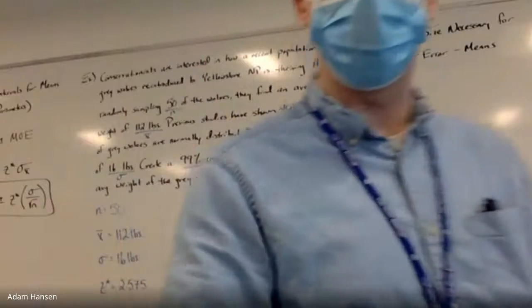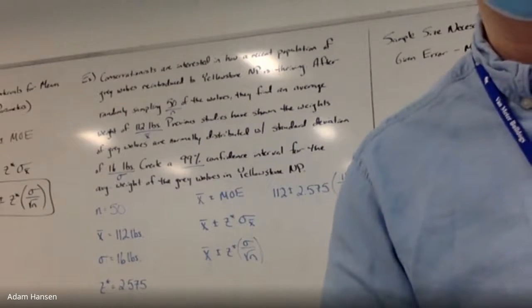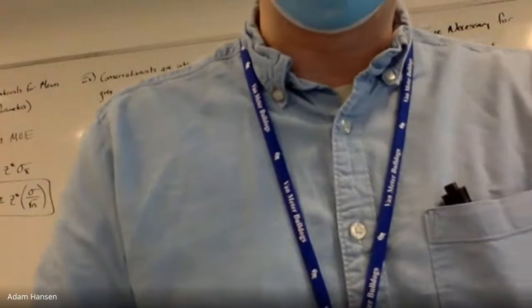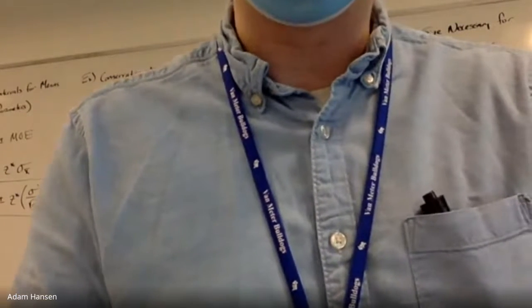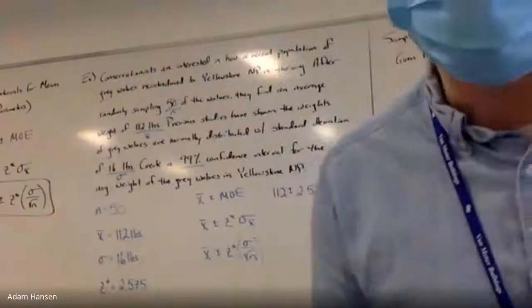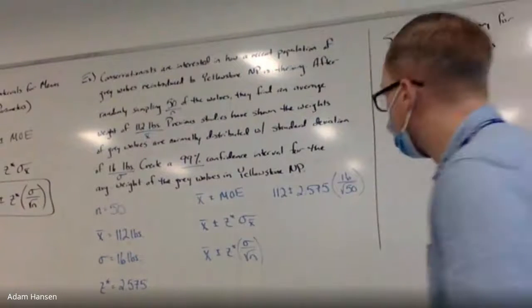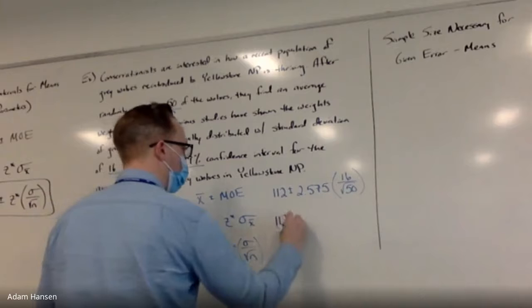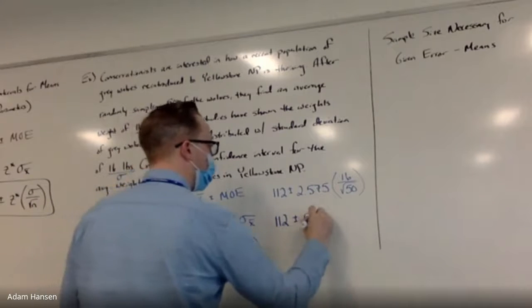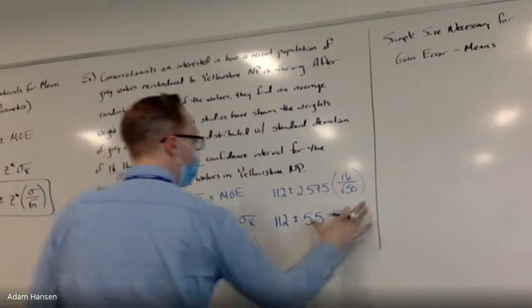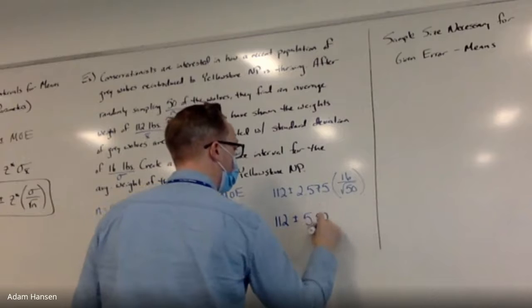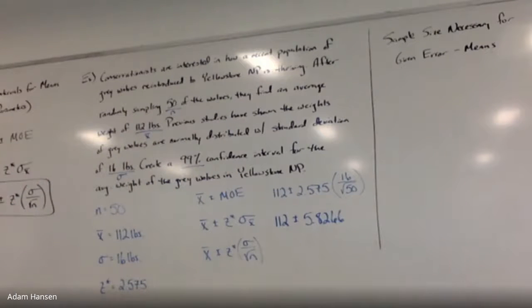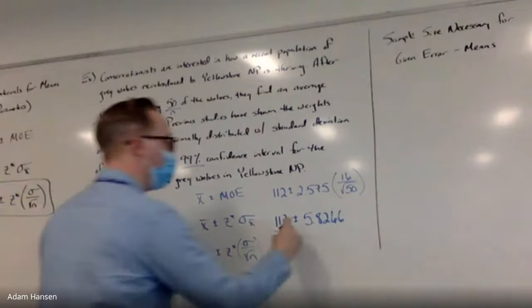Let's find the margin of error first. 2.575 times 16 over radical 50, 5.8266. Again, what is this known as?